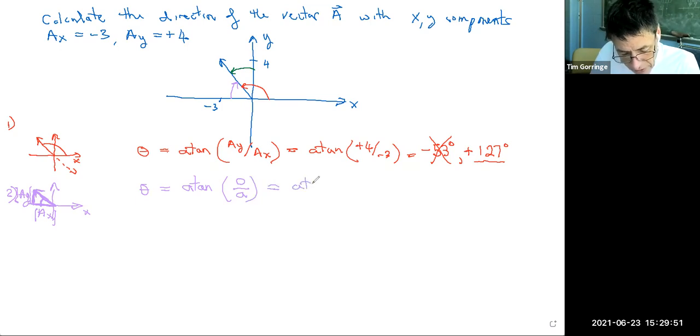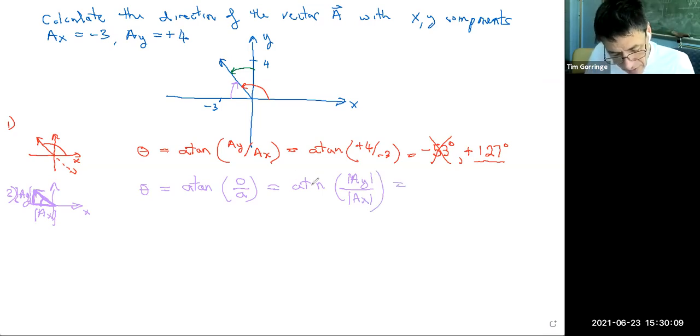In the language of the components of the vector, that's the magnitude of the opposite side, AY, divided by the magnitude of the adjacent side, that's AX.